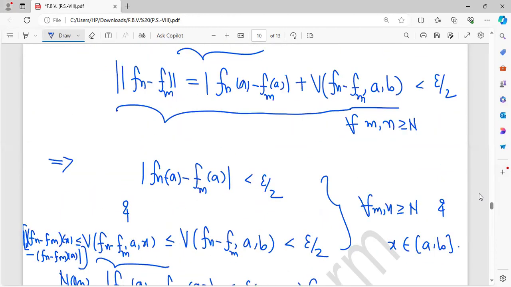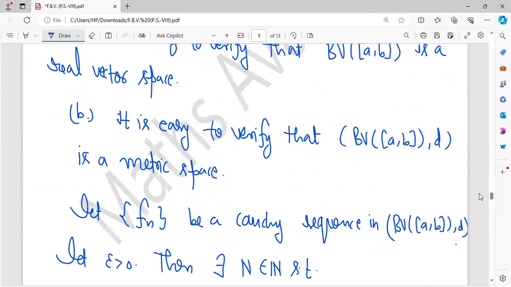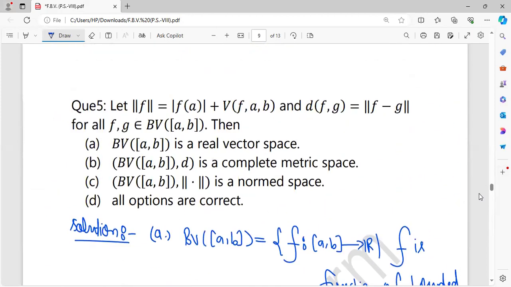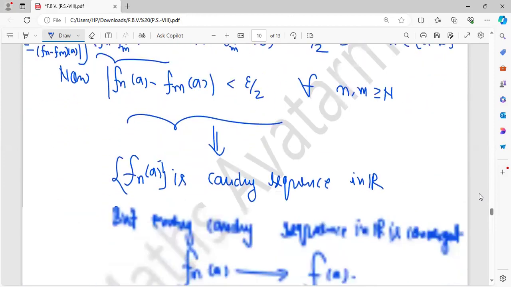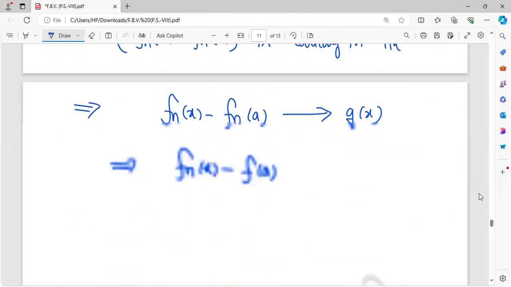And we know every Cauchy sequence is bounded. This is converging to f pointwise.